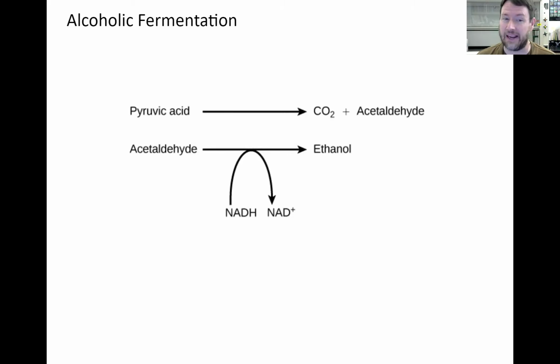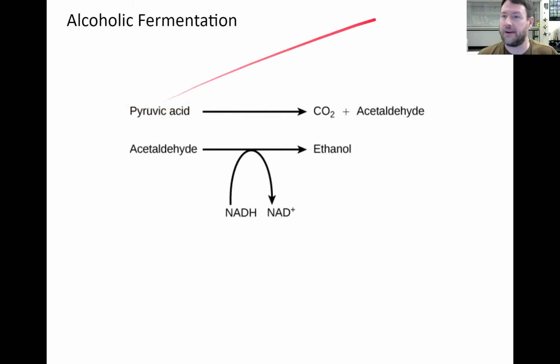It's much more efficient, right? But without oxygen, they can at least keep their metabolism going. They'll need more sugar, but they will be able to survive. So what happens in that process, the pyruvate, or pyruvic acid, either one is equivalent for our purposes.